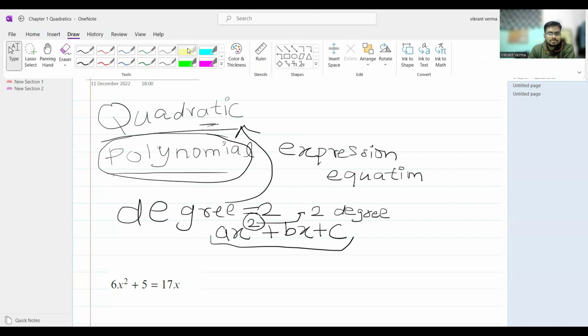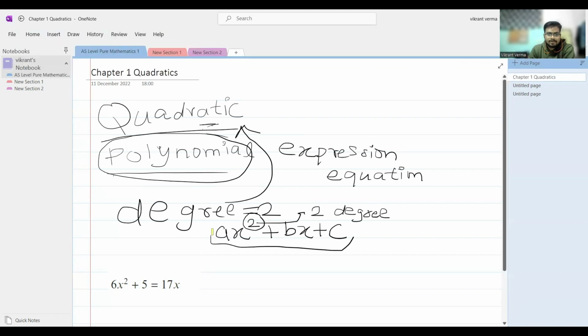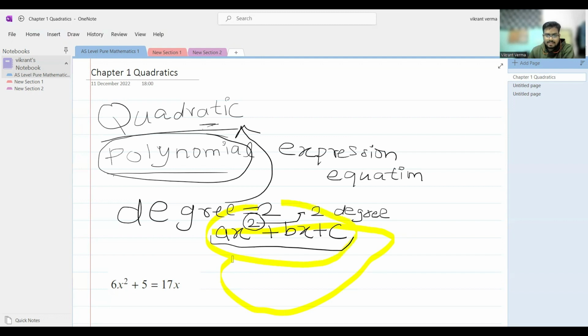This entire thing, ax square plus bx plus c, is an expression because it is not equated to something, and it will become an equation only when you equate it to something.